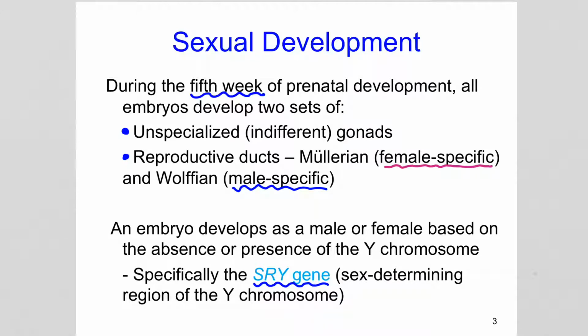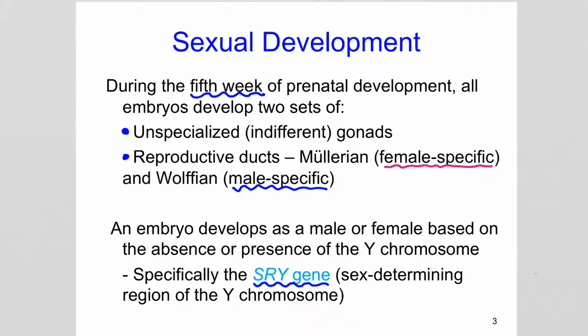So if this gene is present, and during week 6, it is expressed, it is transcribed and translated. When that happens, hormones are produced.